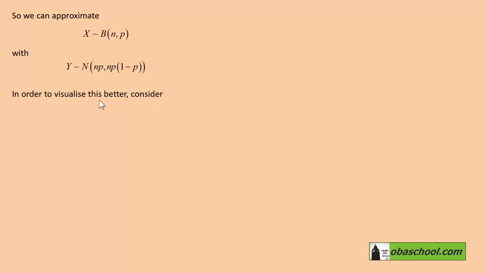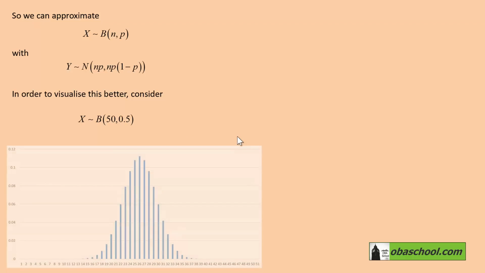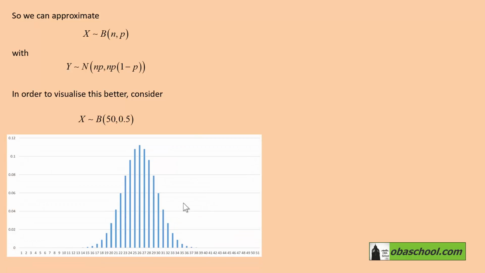In order to visualize this better, consider the following. X is a binomial with 50 trials and a probability of success 0.5. That distribution looks like this. Now consider that the expectation here would be 25.